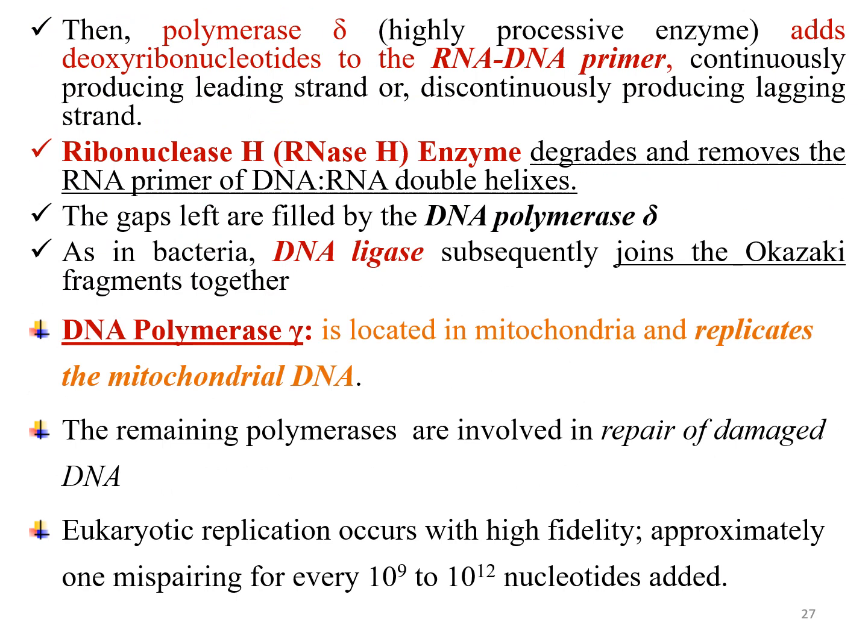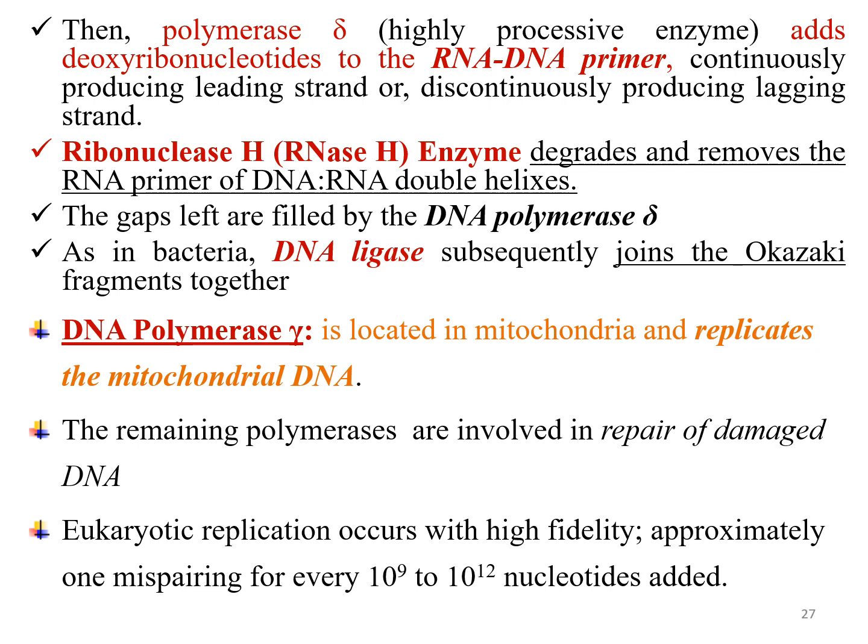Polymerase delta is a highly processive enzyme and adds deoxyribonucleotides to the RNA-DNA primer, continuously producing the leading strand or discontinuously producing the lagging strand. Ribonuclease H, or RNase H, is an enzyme that degrades and removes the RNA primer of the DNA-RNA double helix, and the gap left is filled by DNA polymerase delta.